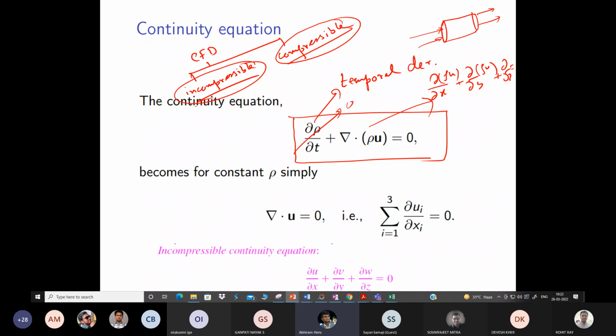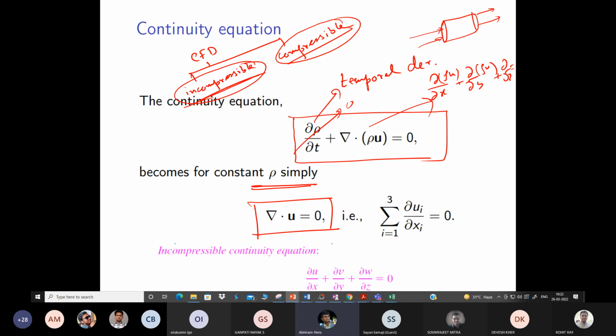So we will consider incompressible flow, and incompressible flow means you can consider density as constant. This rho will be constant. Now, if rho is constant, then you can take this rho out of this derivative term. So the continuity equation stands like del dot u equal to 0.